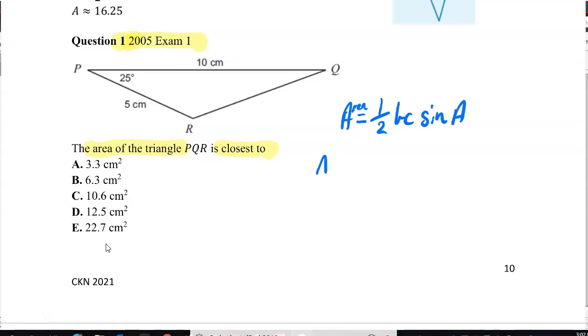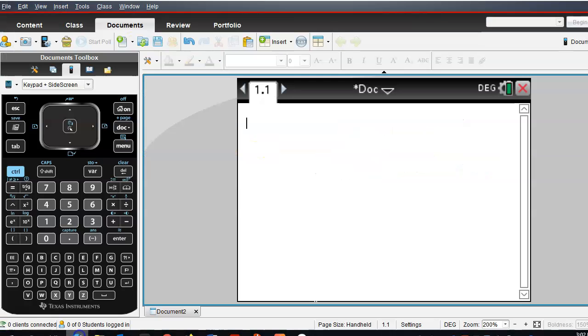Area equals half times 10 times 5 times sine 25 degrees. And I'll just get my calculator.